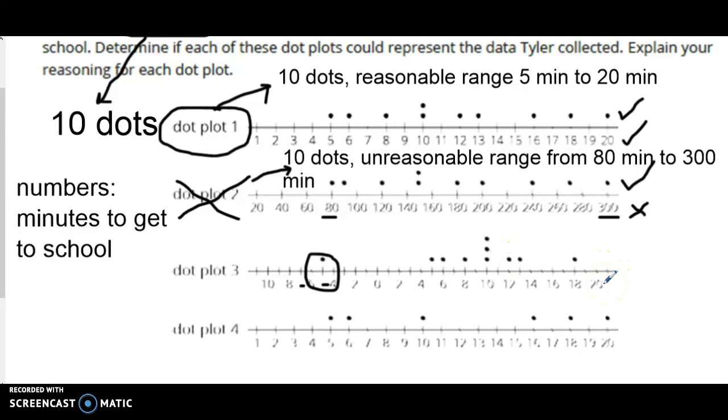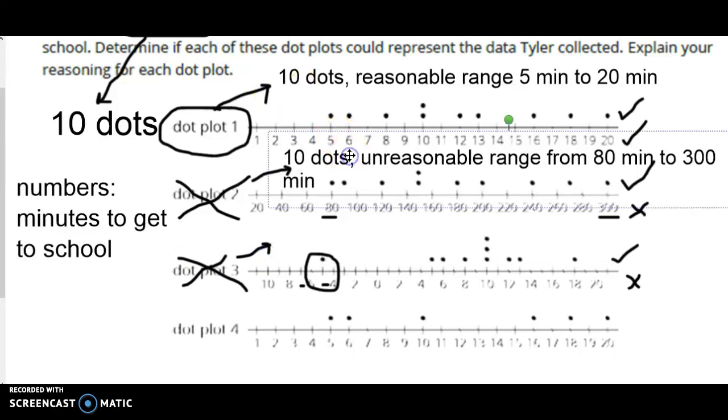seems pretty good, right? Going from 5 to 18, that's pretty close to 5 to 20 up here, but I have to X my range because it includes negative numbers and time cannot be negative. So even though my number of dots check out, my range does not. So I'm going to cross this out and then I need to explain why.